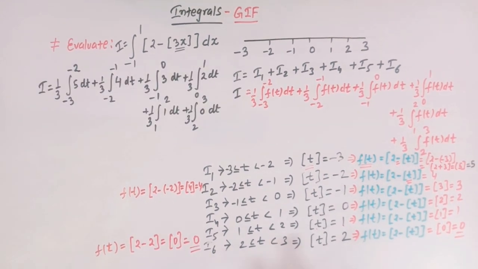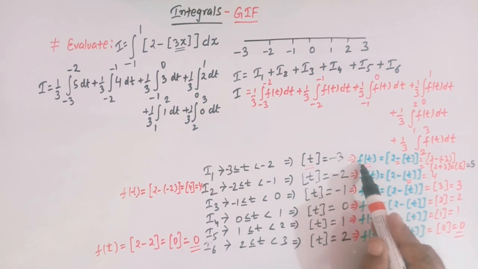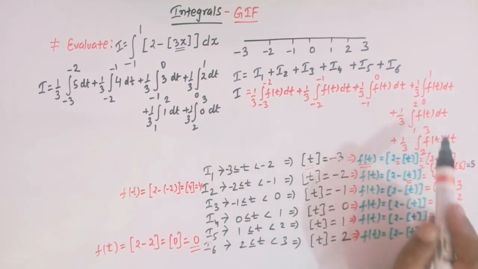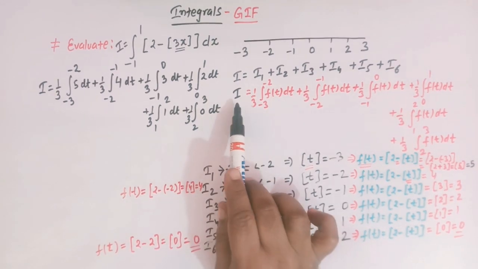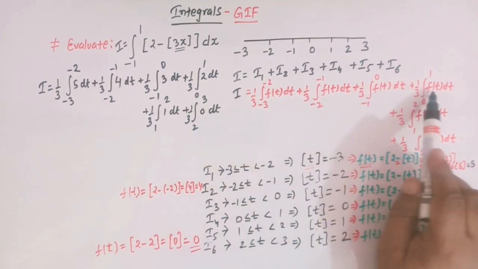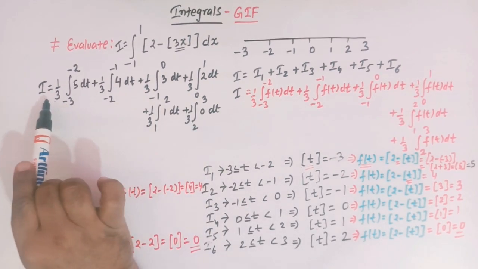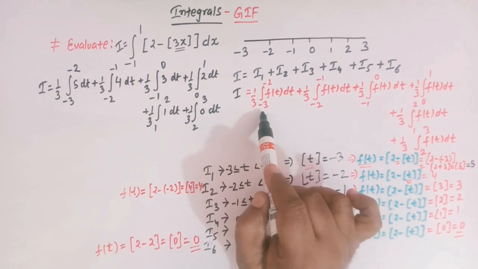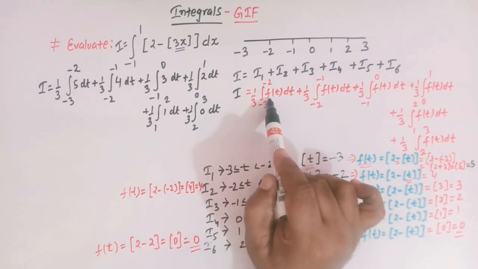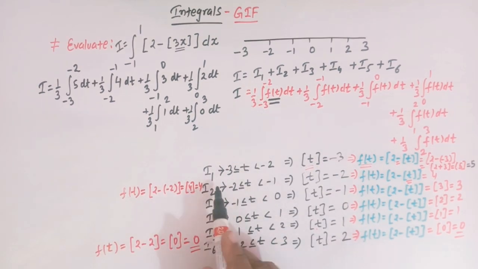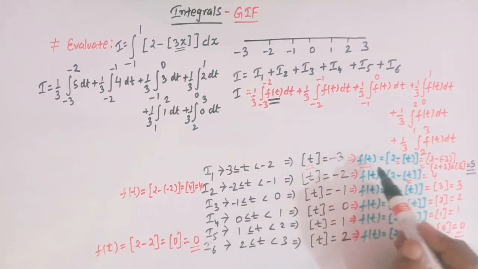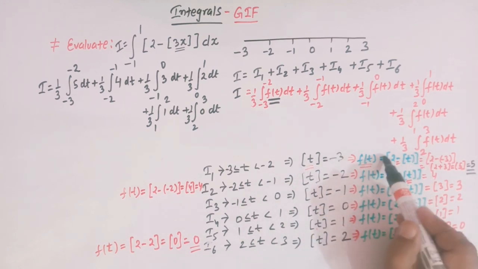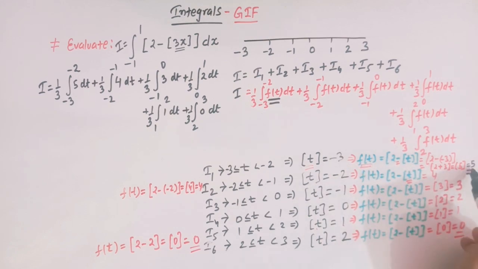Now we can substitute the values of f(t) in these 6 integrals. Our I was this expression, so now we can write I is equal to 1 over 3 times the integral from -3 to -2, and for f(t) we write 5, because we have solved this expression for f(t) and it is equal to 5.